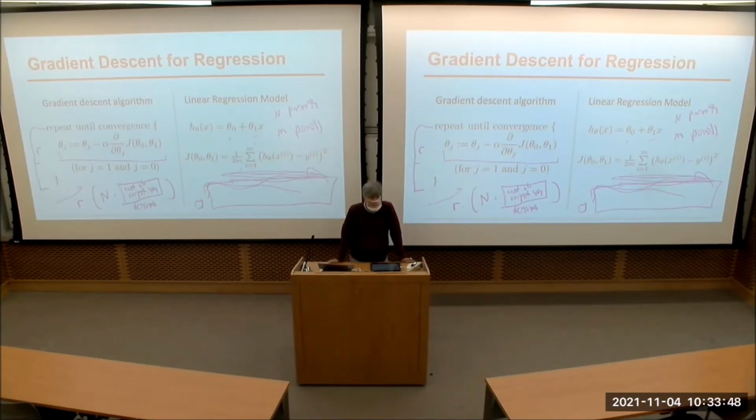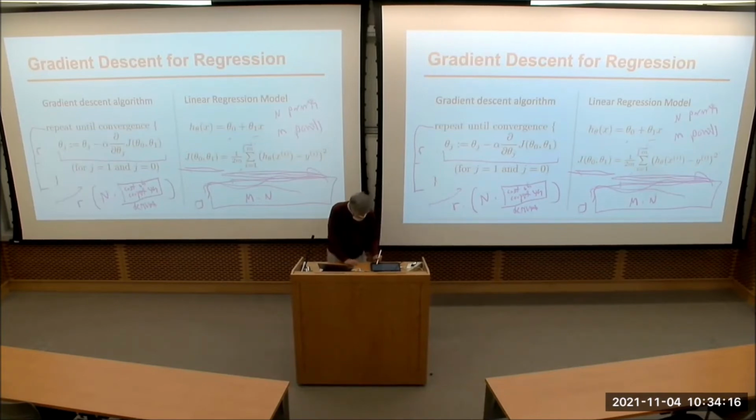In the error function, how much does it cost to compute the error function itself? It's going to be something like m times n. Does everybody see that? To compute what J is, it's going to be the sum of m terms.